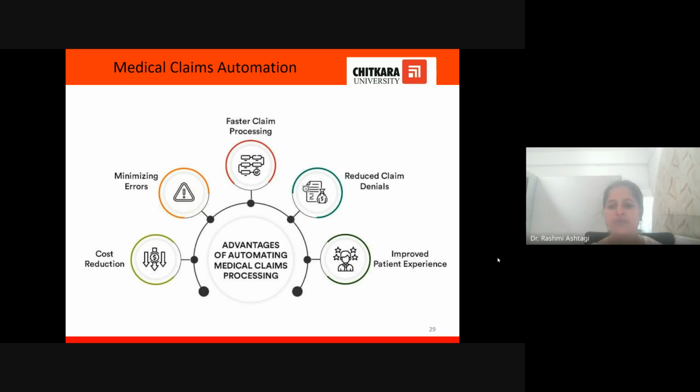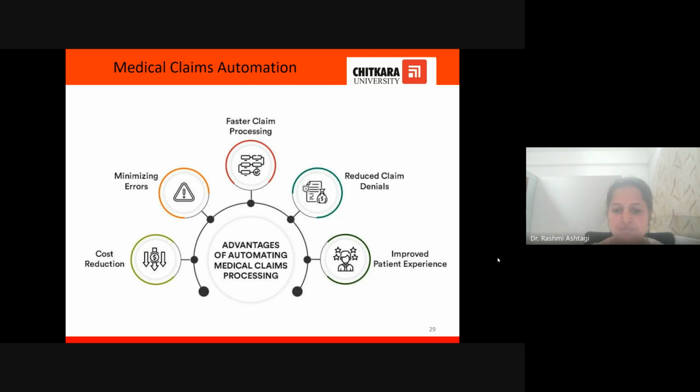Many times they say that this is not in our terms, and we deny this claim, and then again a lot of things have to be done, and then maybe it gets accepted. But if we give it to automation, the denial will be less. Obviously it will not be accepted if it is not there in our particular medical claim, but the proper, correct one it will identify, and it will do everything very fast.